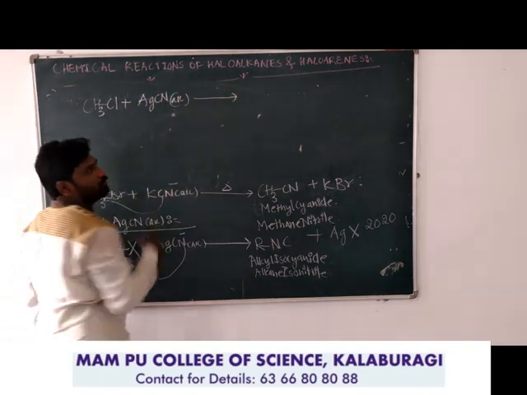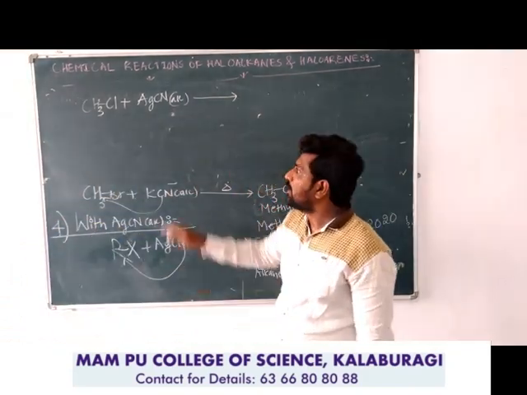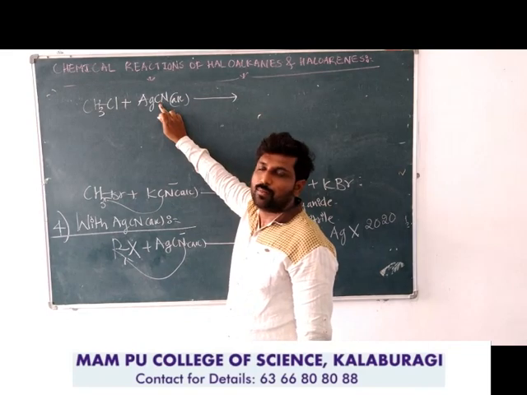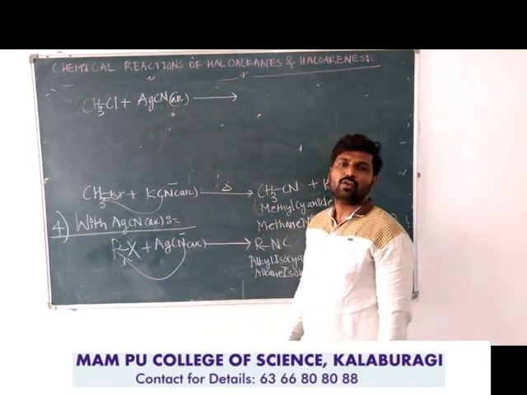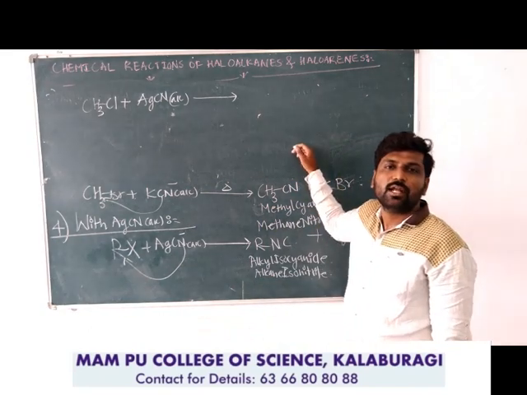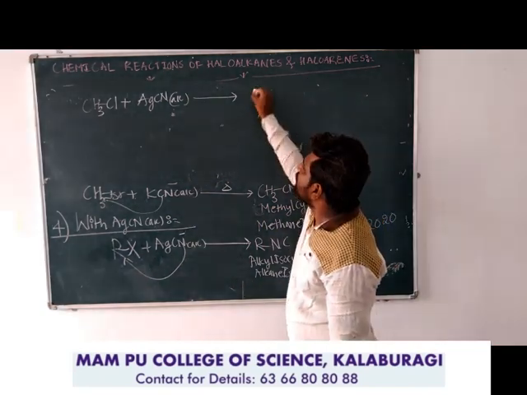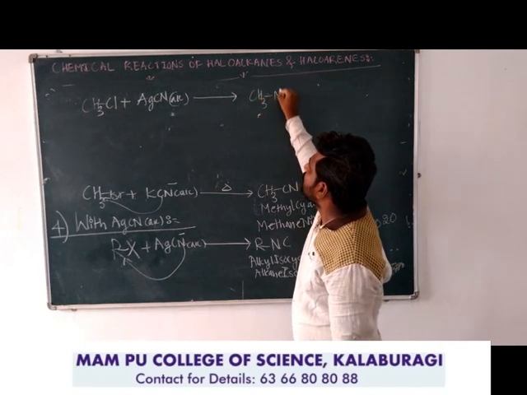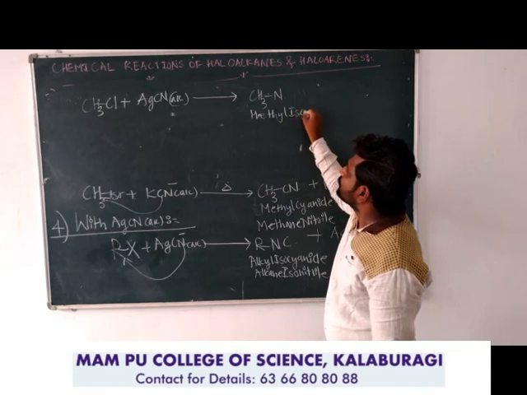They have given this much of the reaction, you need to complete it. Most of the students will get confused and attack through the carbon atom rather than the nitrogen atom. So cyanide is the ambident nucleophile. It chooses to attack from the nitrogen atom whenever it is with the silver, and we are getting CH3NC.